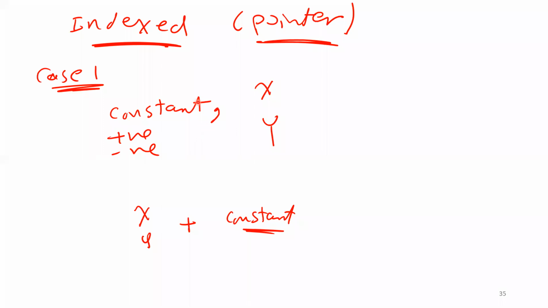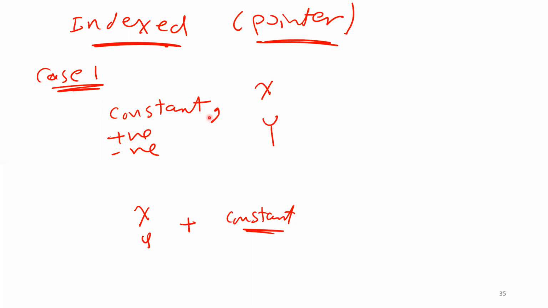Now in case of pointer or indexed, I'm gonna take case one. I told you we have 3 cases. Let's see case one. In case one, you put here a constant, which can be positive or negative, by the way, comma X or Y. So once you see something like that, this is one operand.